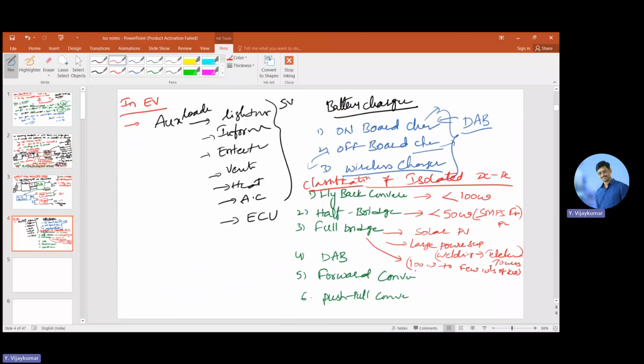So this is the range of the full bridge converter. Okay. And the dual active bridge converters are used for very high power rating.